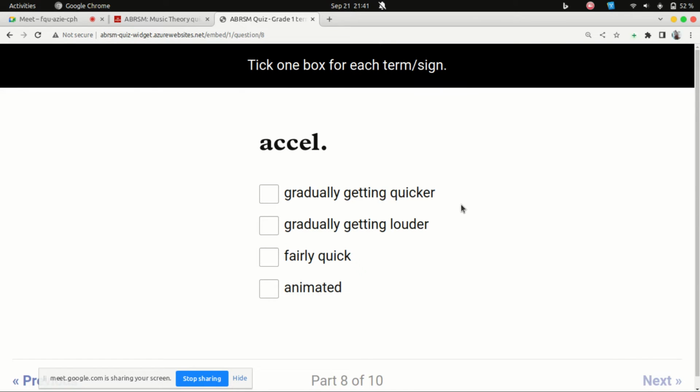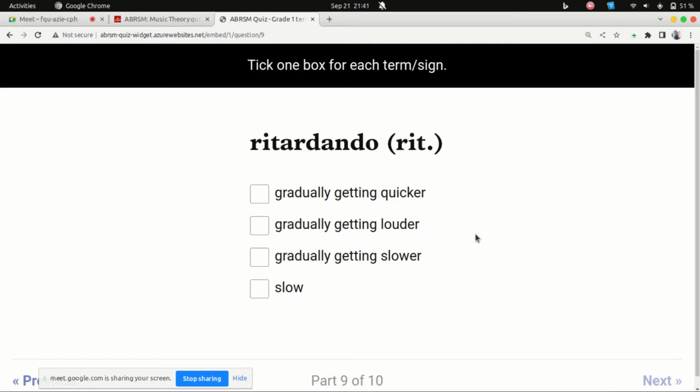Accel. Accel, gradually getting faster. Retardando or rit. Retardando, gradually getting slower.